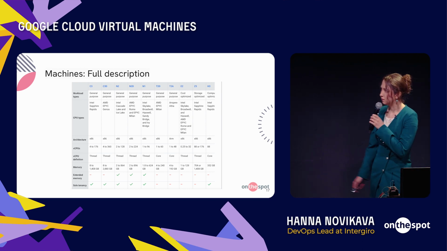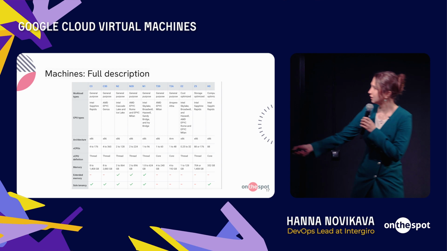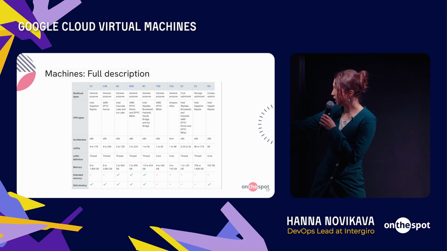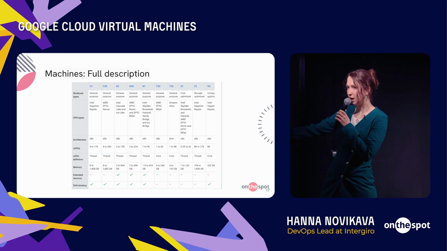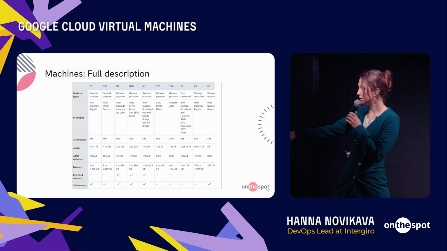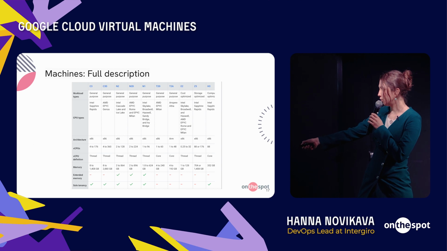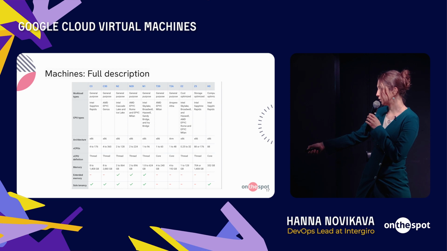Also, we can see here some types, general purpose, cost optimized, storage optimized. This documentation is available, and I'll attach the link at the end of the slide. We can check what vCPU is about, and we can check limits for these virtual machines.